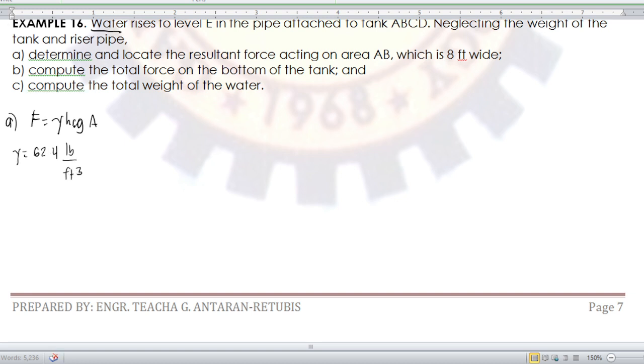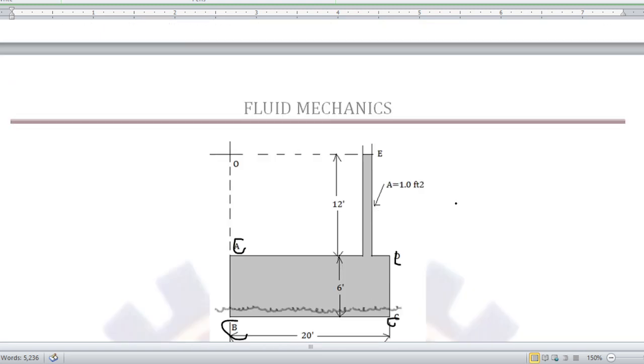Okay. How about for the HCG, or the location of your center of gravity? Take note that we are focusing on area AB. Take note, the width is 8 feet. Okay. Where is AB? This is AB, class. This one. Okay, so you have to focus on this side. Okay, and take note that the width is 8 feet.